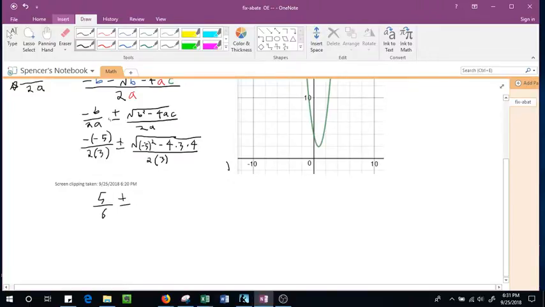Plus or minus the square root of negative 5 squared is going to be 25. So when we take a square, it's this number multiplied by itself this many times. So negative 5 times negative 5 is 25, because when we multiply two negatives, we get a positive. Then we have negative 4 times 3, that's negative 12. Negative 12 times 4 is going to be negative 48.